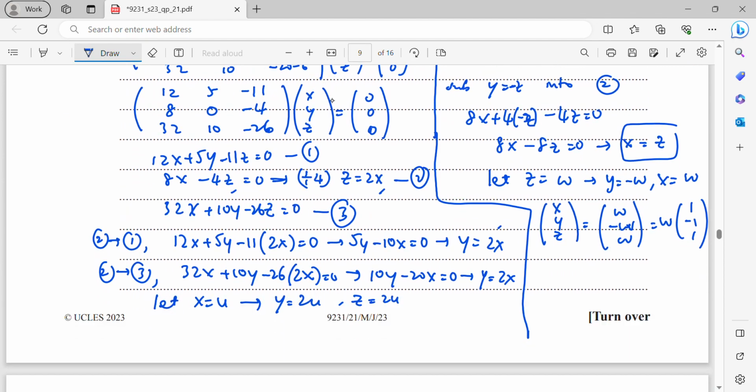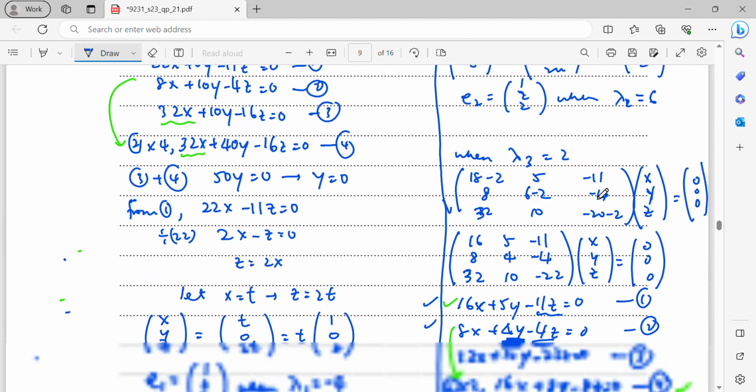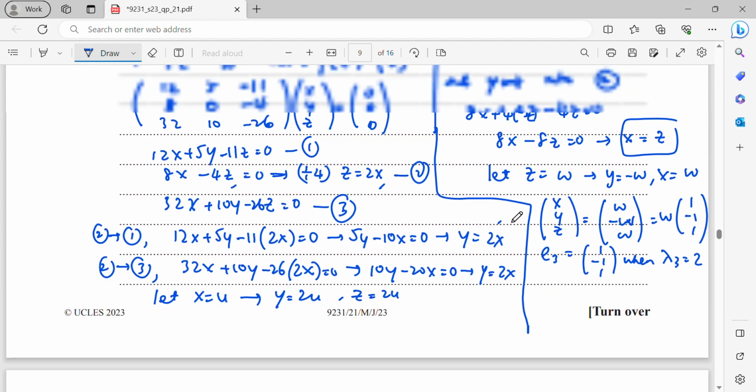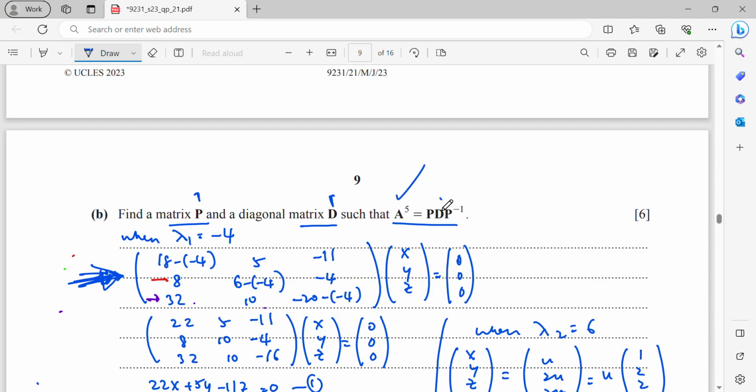So now I will get E3 equals to 1, negative 1, 1 when lambda 3 is 2. Okay, so now for the final answer, we need to get A degree 5 is PD P inverse.